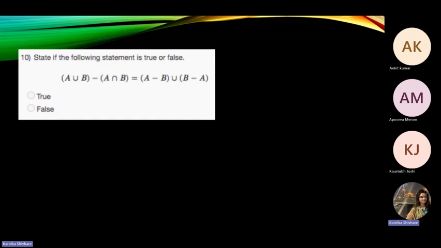State if the following statement is true or false: A union B minus A intersection B is equal to A minus B union B minus A. What does this mean?